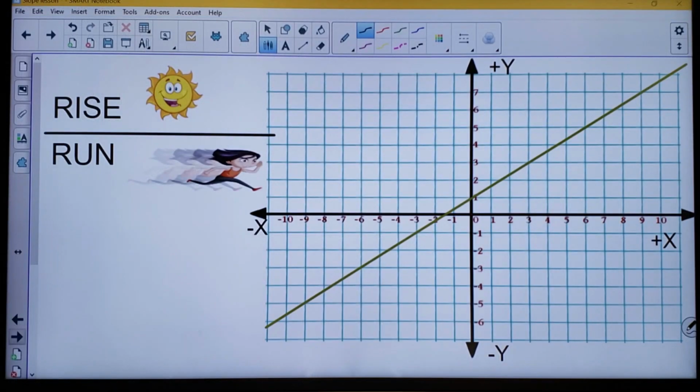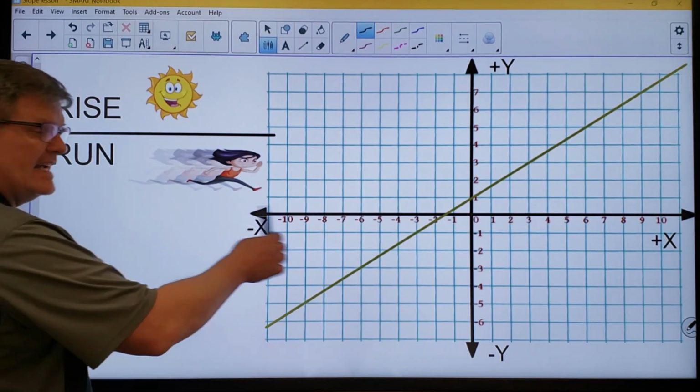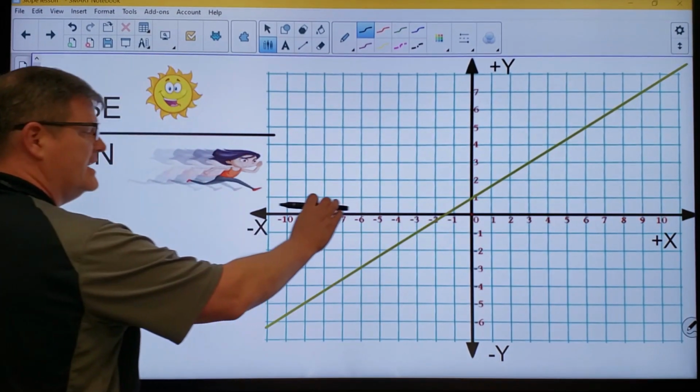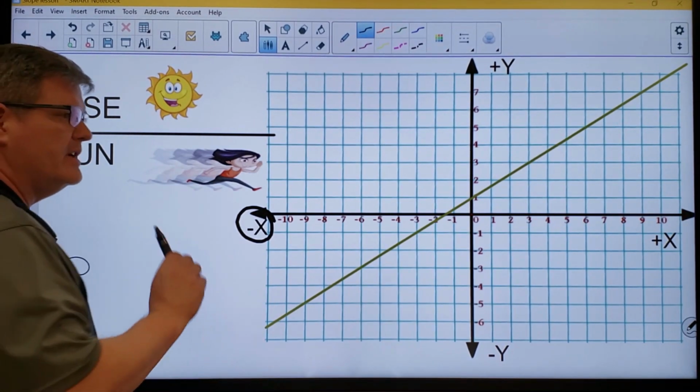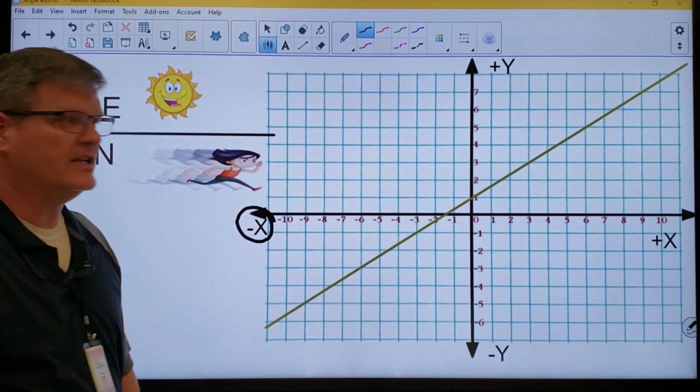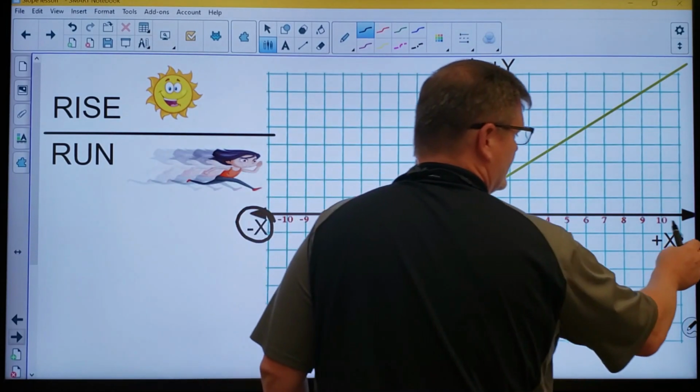So now we're going to talk about how we determine the slope of a line by looking at a graph. A couple of things we need to remind ourselves of: on this x-axis, as we go this way, we're heading towards negative x numbers. And as we go this direction, we're heading towards positive x numbers.